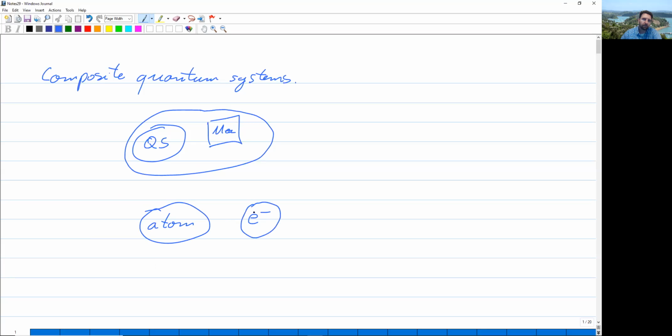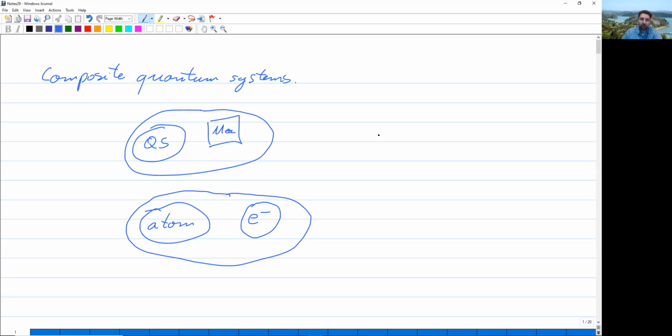So we have really two quantum systems, the atom and the electron. And the electron is, of course, the smallest measurement apparatus one can imagine. Of course, a single photon could also serve that purpose. Well, and then again, we could ask, what if we combine the two of them into one big quantum system? Then how do we describe that?